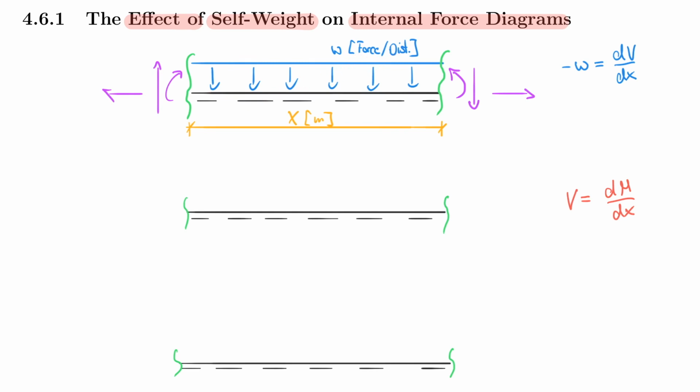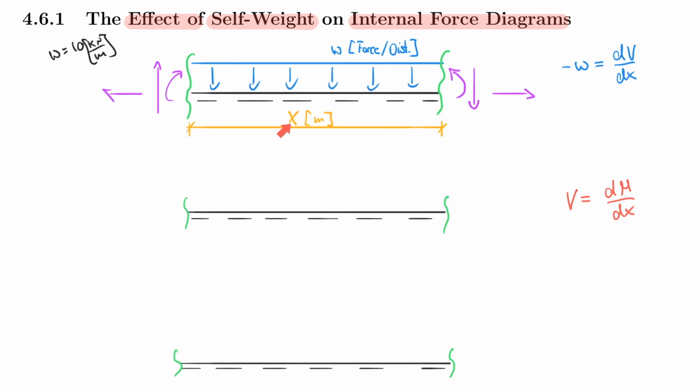So for example, let's pretend that W would be equal to 10 kilonewton per meter. And if I would have that unit, what would that mean? That would mean that my force pushes down with an additional 10 kilonewton for every meter I move from left to right in this case.